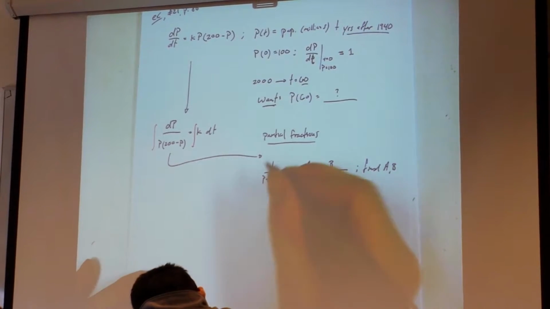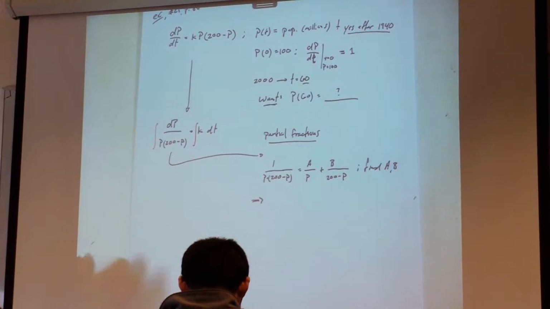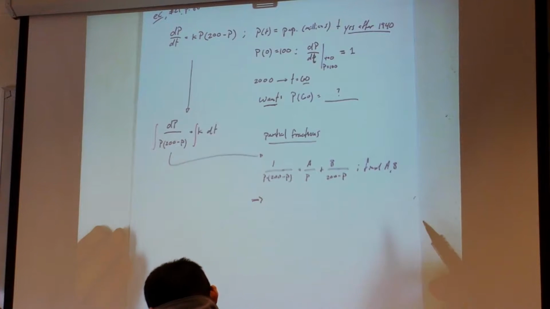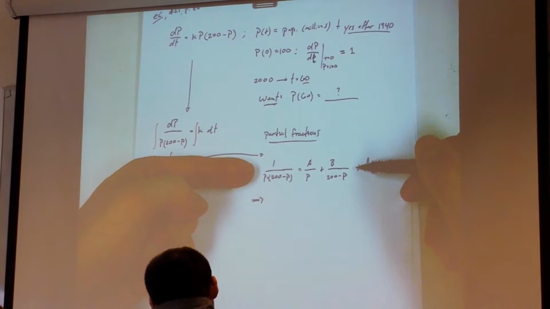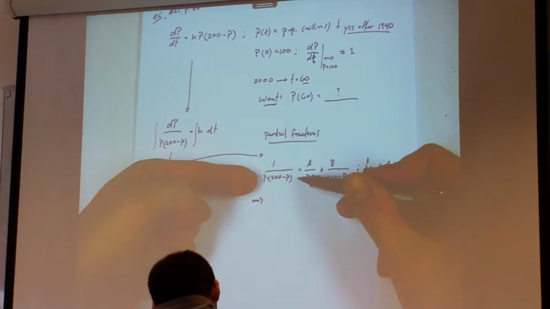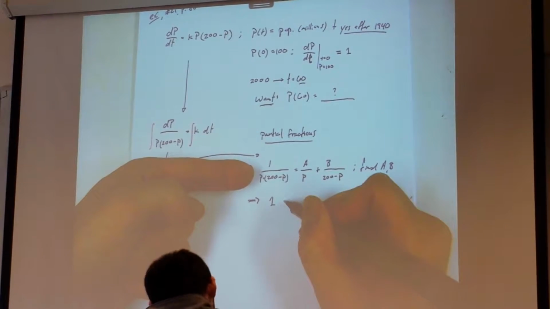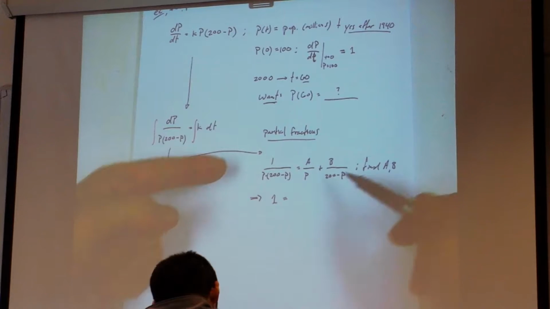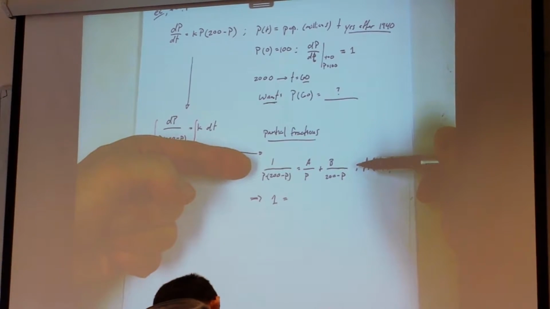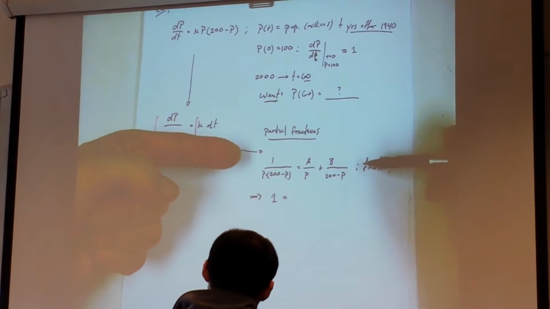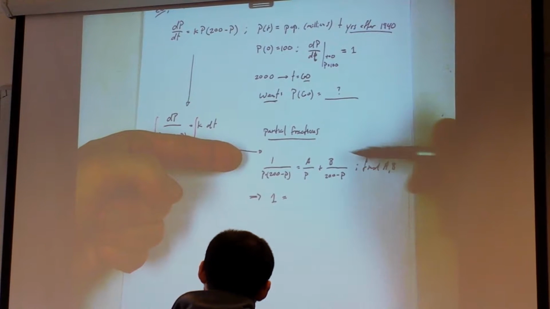Okay, so this is a little bit of side work. If I multiply both sides of this equation by that denominator, P(200 minus P), I'm going to get 1 on the left equals what? When I multiply, everything's going to cancel on the left.